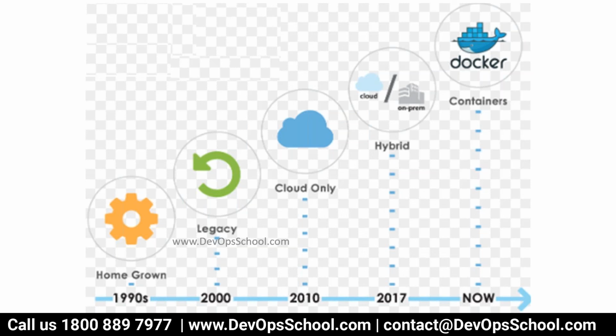Slowly we migrated to cloud, then hybrid. And nowadays, for the last few years, we are running applications in containers. Containers are not persistent, whereas cloud is persistent. You create a few VMs and they will be there, but containers are not persistent. So yes, you are running applications in containers.